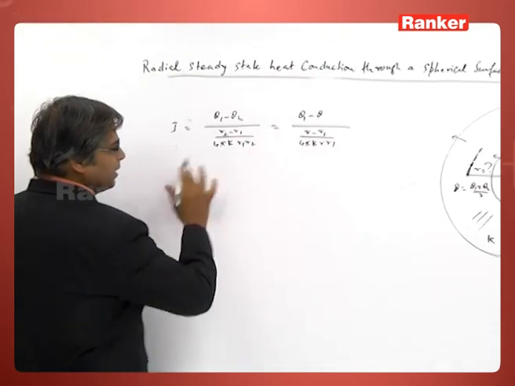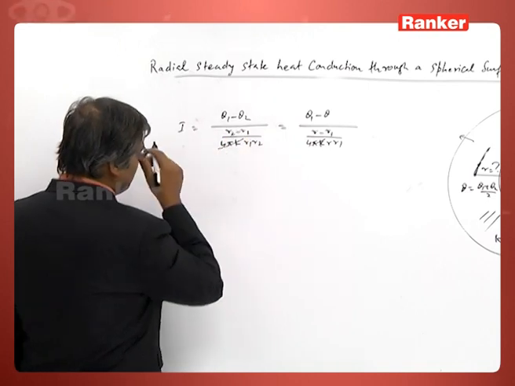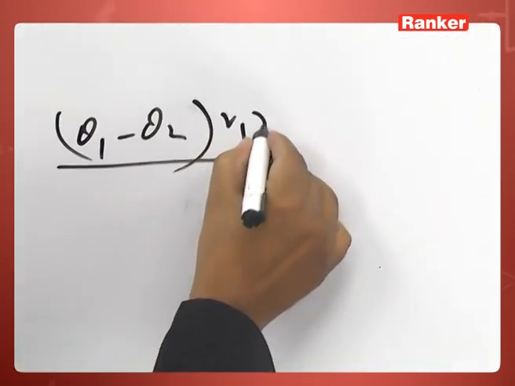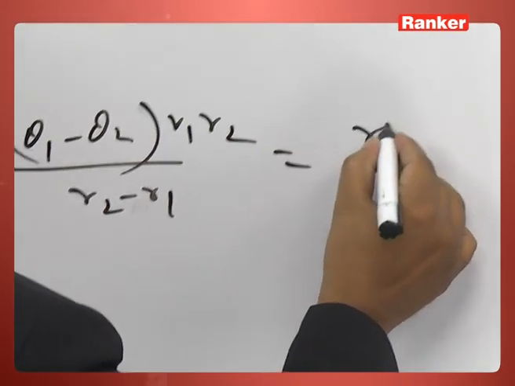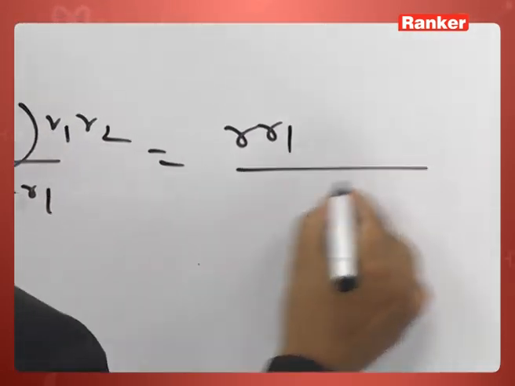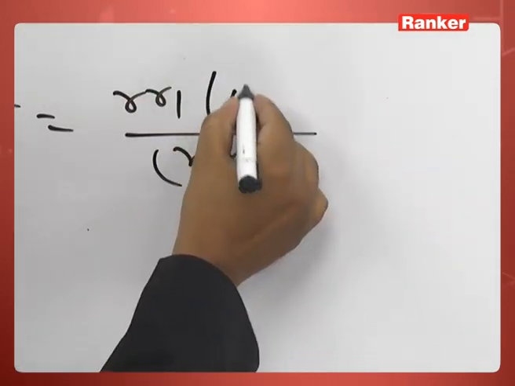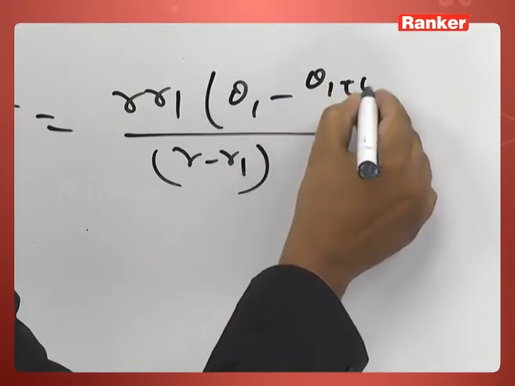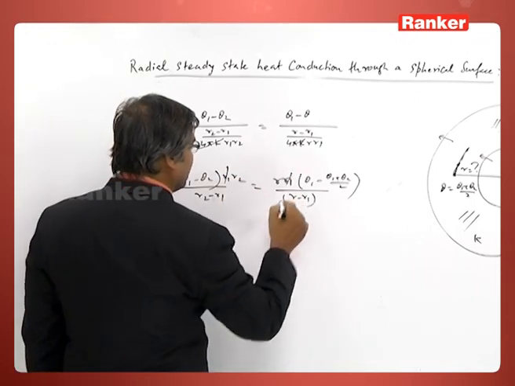So, the same expression we are again using, and this 4 pi k will cancel out. So, we will have (theta 1 minus theta 2) into R1 R2 by (R2 minus R1) is equal to R R1 by (R minus R1) into (theta 1 minus theta). Here theta is (theta 1 plus theta 2) by 2, we will substitute this, and R1 gets cancelled.